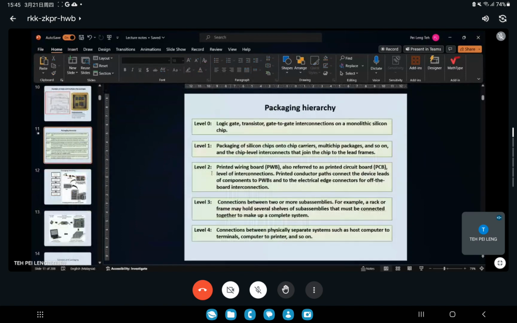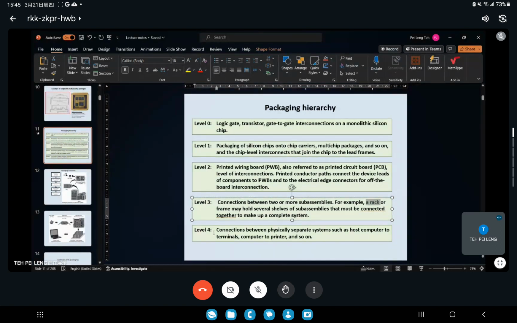After level 2, what will they do? They will connect two or more sub-assemblies. If you have different motherboards and you want to assemble them together, this is level 3, to make it into a complete system. Normally they use a frame or a rack to put them together.